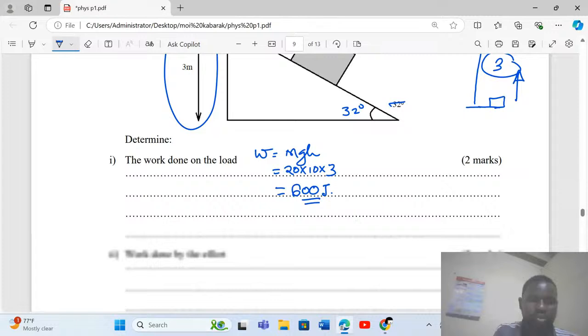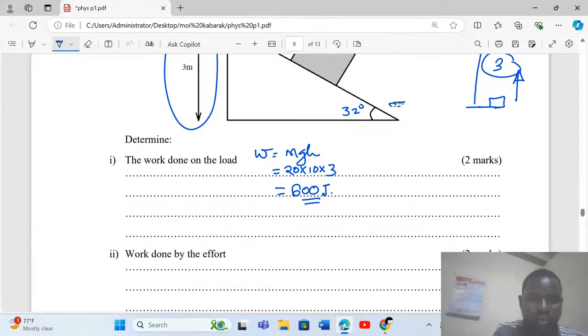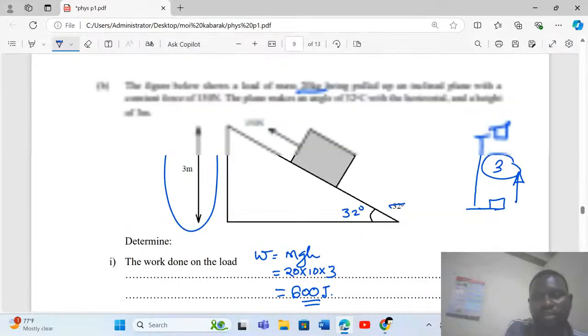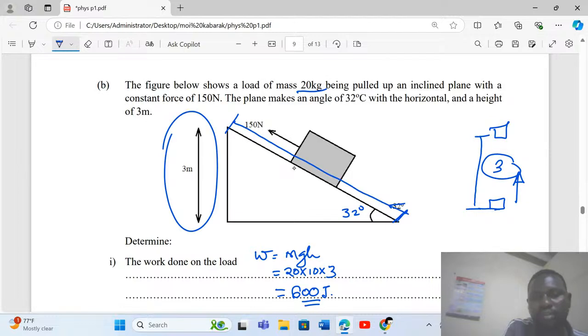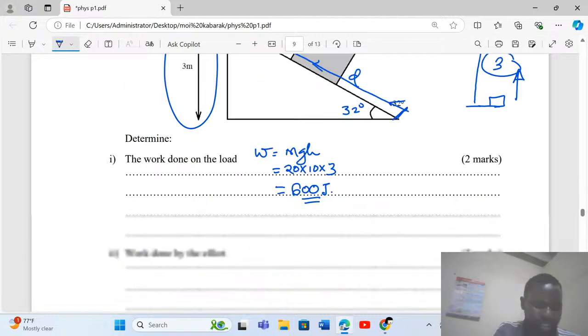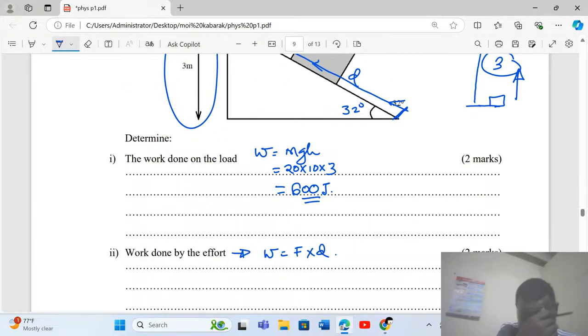Then we're told to find the work done by the effort. This will be work, which is given by the applied force times the distance it moved. But now here, all the way, that will be our distance d. But how do we arrive at our distance d?